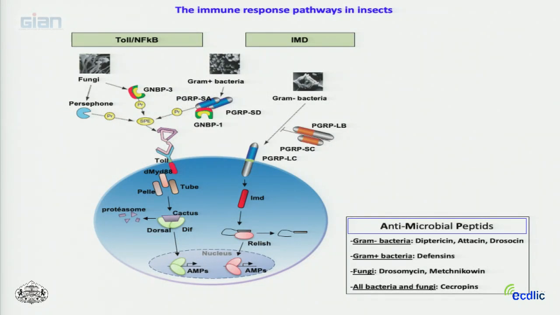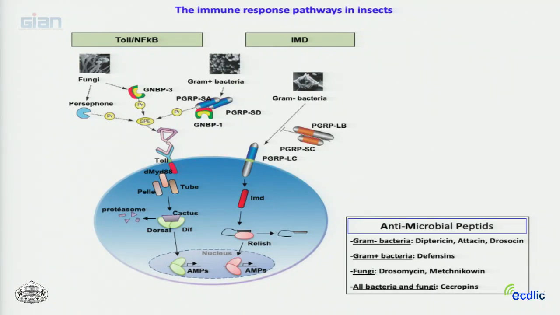Again, there are two pathways in insects. The Toll NF-kappa B pathway, the Toll receptors in insects, are also involved in dorsal-ventral patterning. So if you knock out any of these components in the Toll pathway, it's lethal, so it's difficult to study.